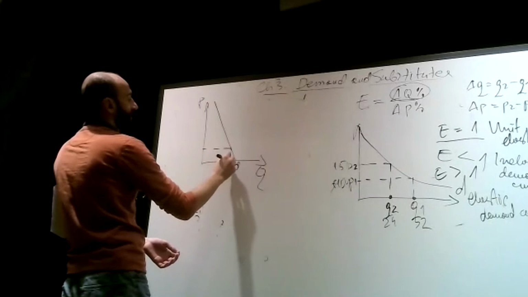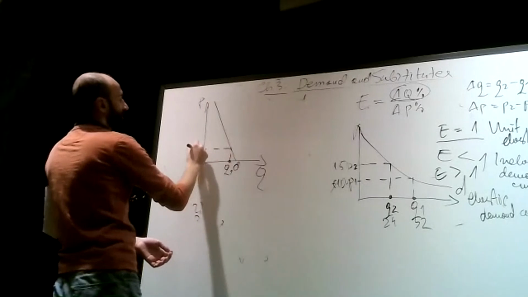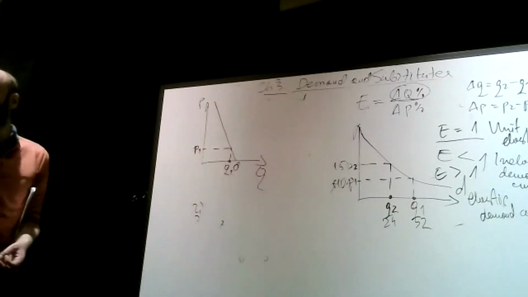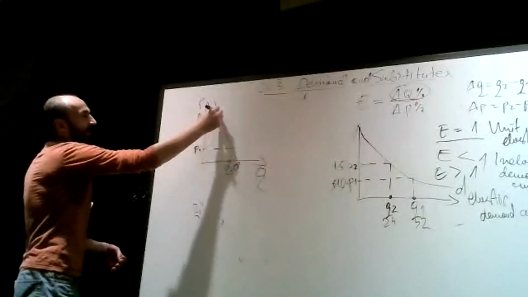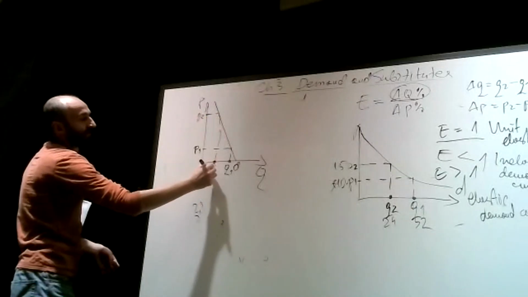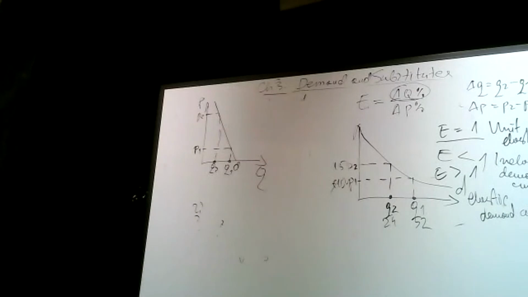That means this is the price one and quantity one, and then you increase price dramatically here. What happened to your quantity demanded? It's reduced far, far less. So vertical or relatively vertical demand curve describes a monopolistic situation in which people don't have good enough substitutes.